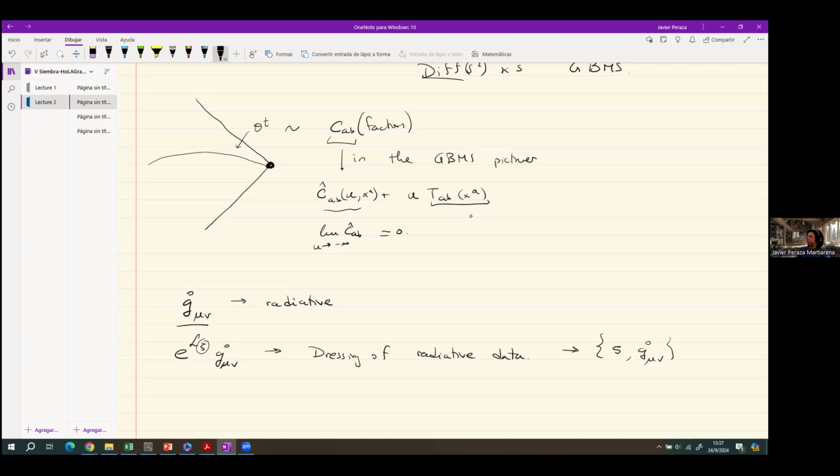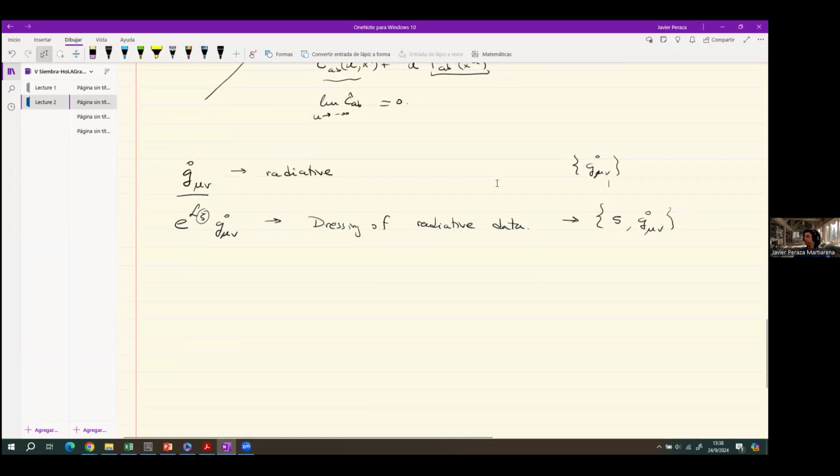So the radiative data will consist of metrics G0, and now our new radiative data containing this relaxation of the field will contain zeta and G0. So we are exchanging the relaxation of the boundary conditions by a new field that will act on the radiative data. Okay, and this is not new.